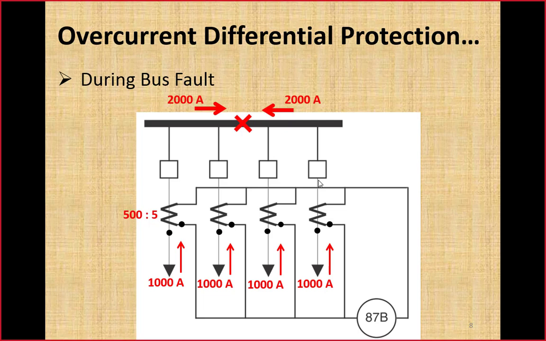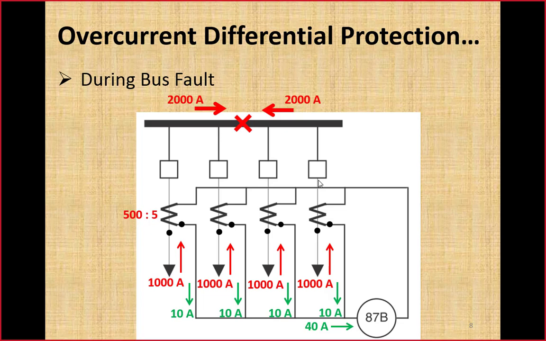Now according to this polarity marking and direction of current in the primary, the direction of current and magnitude on the secondary side will be here 10 ampere, 10 ampere, 10 ampere and 10 ampere. Obviously we can see here the four currents on the secondary side of CTs are directed towards the node, so their algebraic sum will flow towards this differential branch and that would be 40 ampere.